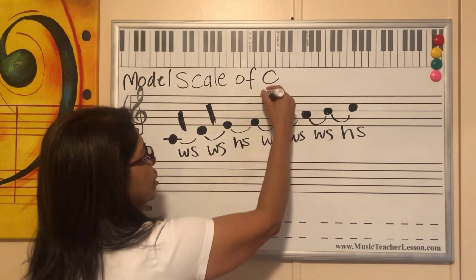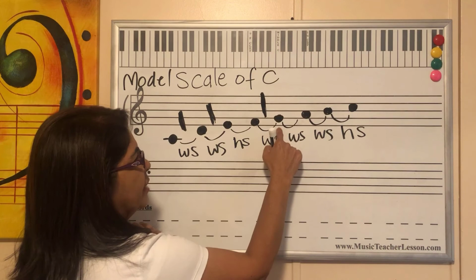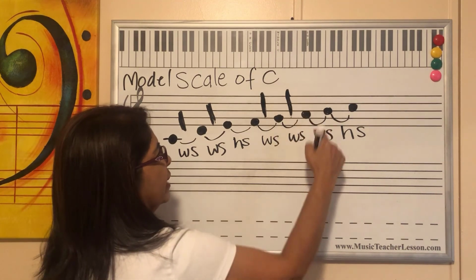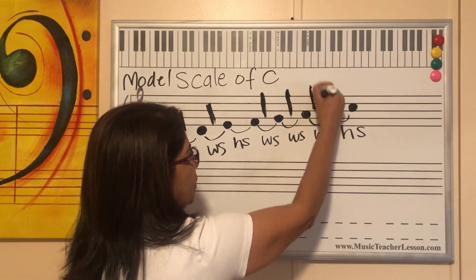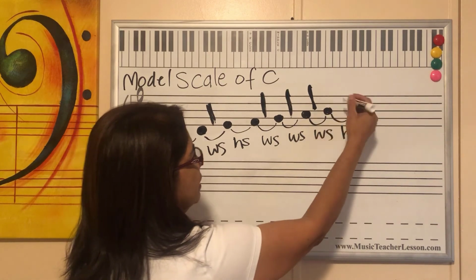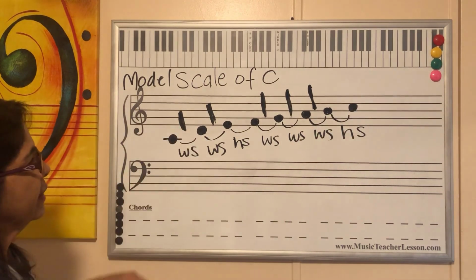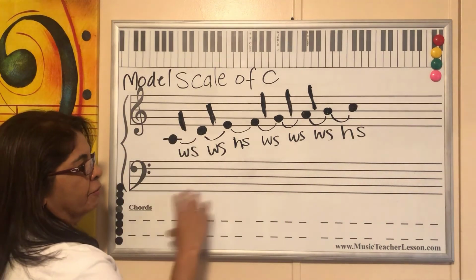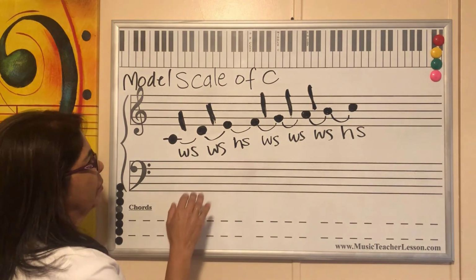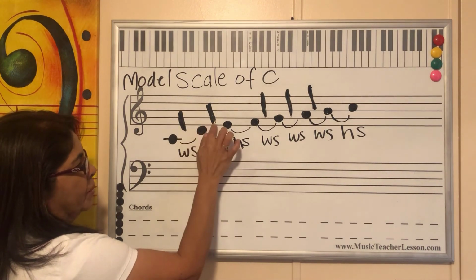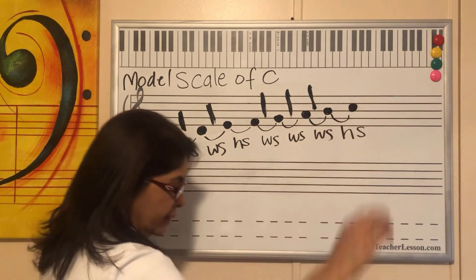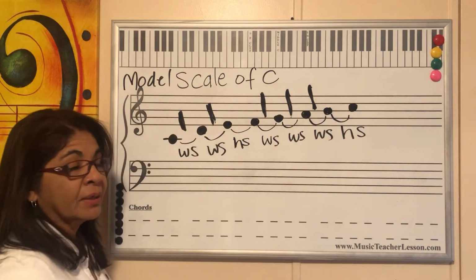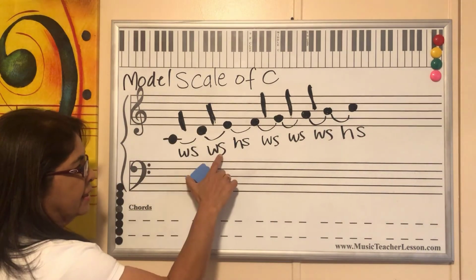From F to G, there is a black key. G to A, another one. A to B, another black key. B to C, no black key. You see that? That's the pattern that we have on the piano or keyboard. Two blacks, three blacks, two blacks, three blacks. That is because of this thing.